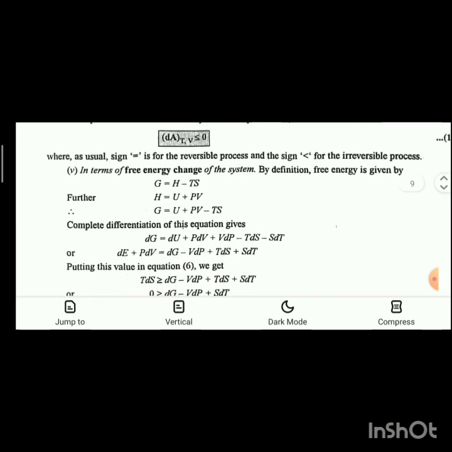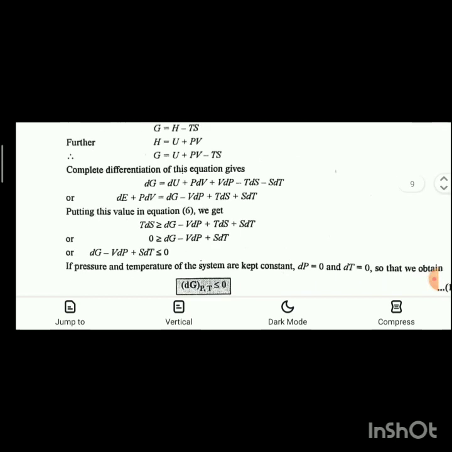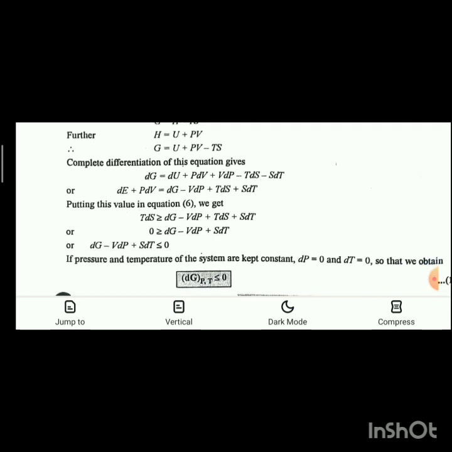In terms of free energy change of system, by definition free energy is given by G equals H minus TS, where H equals U plus PV, so G equals U plus PV minus TS. Complete differentiation gives dG equals dU plus PdV plus VdP minus TdS minus SdT, so dU plus PdV equals dG minus VdP plus TdS plus SdT.